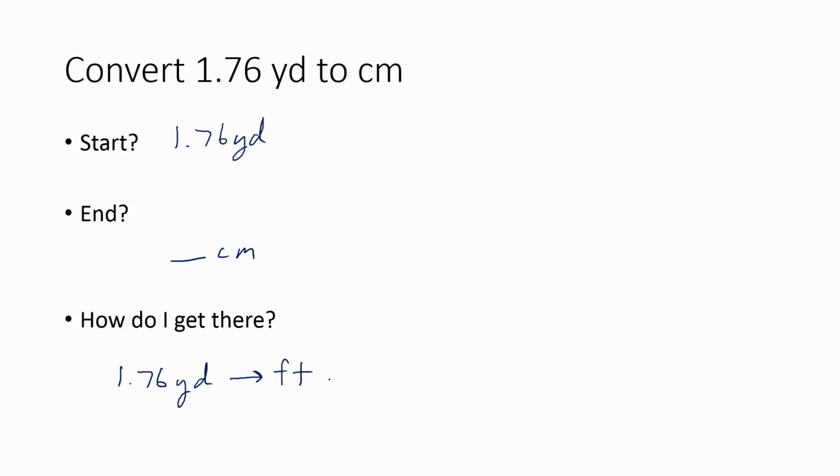I know that conversion. It's 3 feet for every yard. And then I know there's 12 inches to a foot. And hey, I know that 2.54 centimeter thing. So I can go there. So here's my strategy. Yards to feet to inches to centimeters.